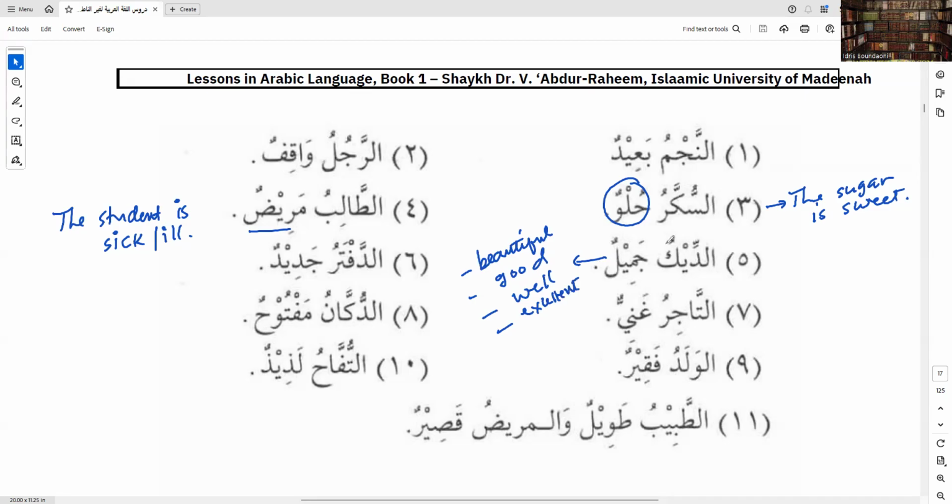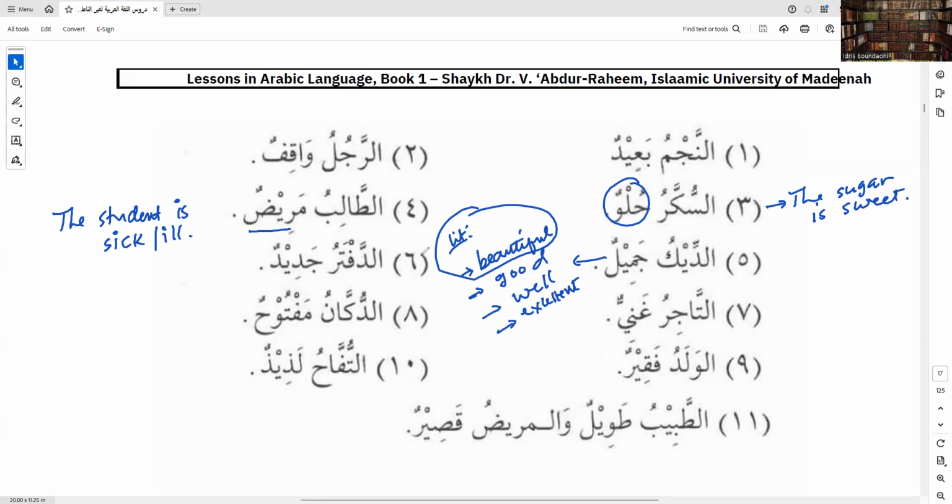Ad-deeku jamilun. So if somebody does something, you can say jamil. Jamil means good, but the literal meaning is beautiful. And when we say a woman is jamilatun, it means she is beautiful, right?